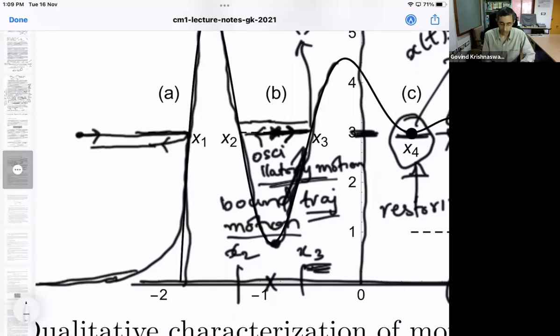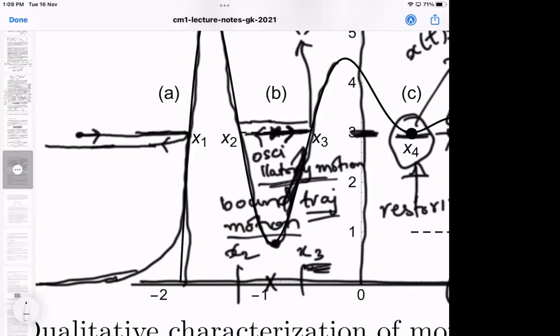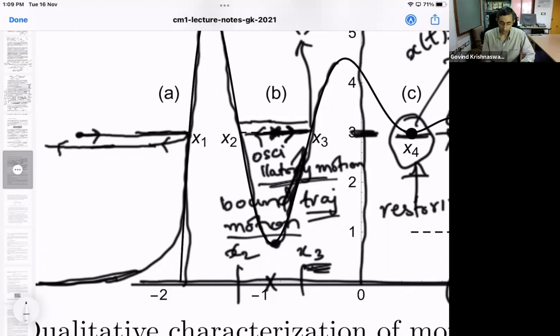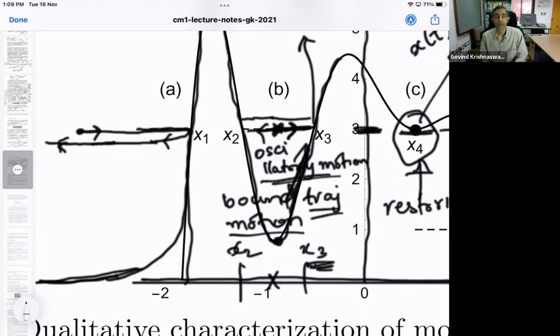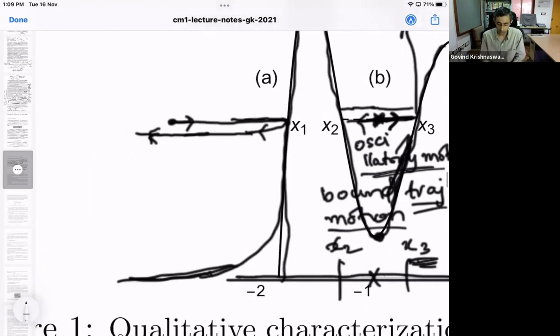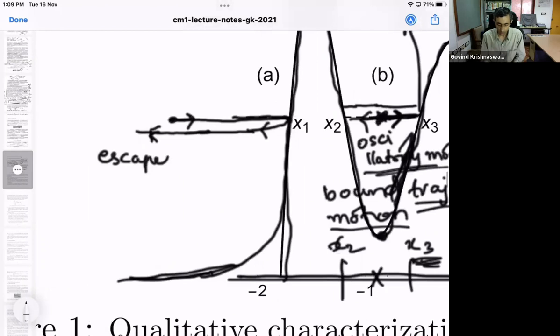Yeah, indeed. The particle will keep moving out leftwards. And if the potential just dies out and goes to 0, the particle will have no reason to stop and will maintain its speed. Eventually, it will reach some asymptotic speed and escape to minus infinity.